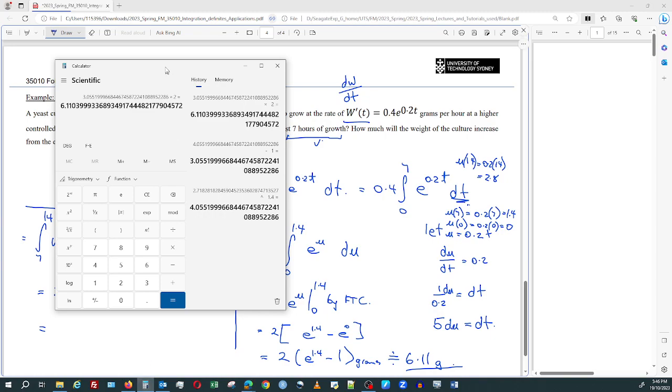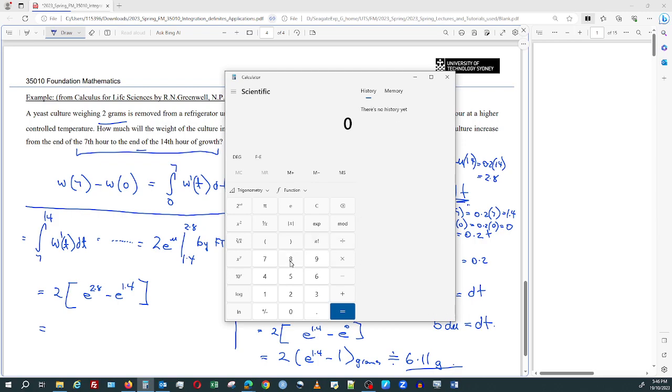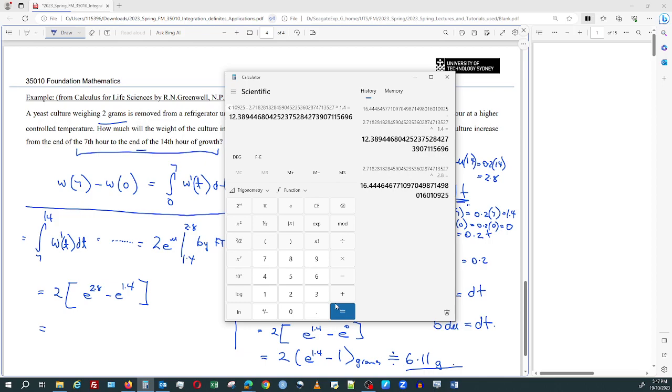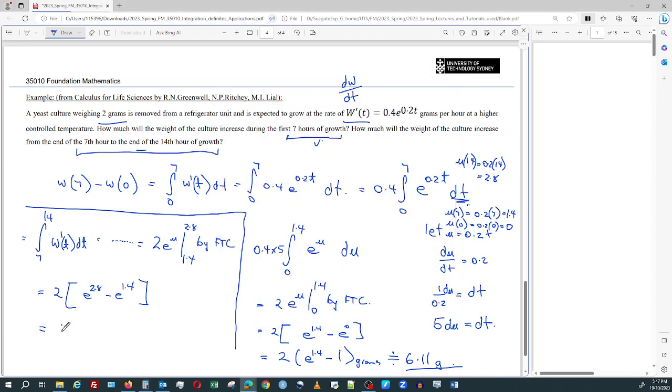So let's have a look at that. e to the power 2.8 minus e to the power 1.4, and multiply that by 2, so we get 24.778, so 2 decimal places will make 24.78 grams in the second interval. Wow, so there you go.